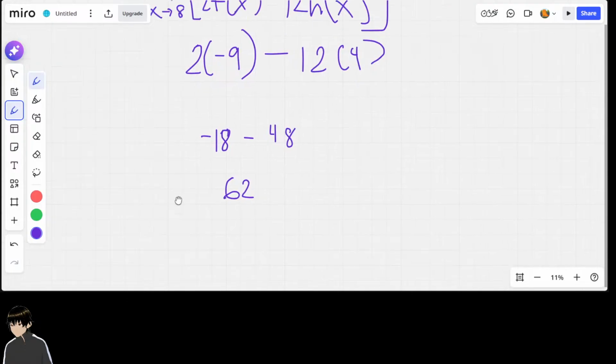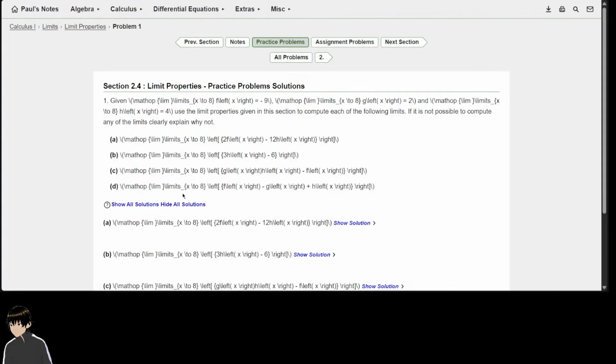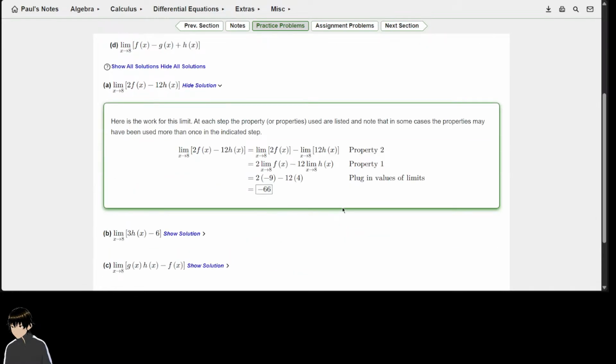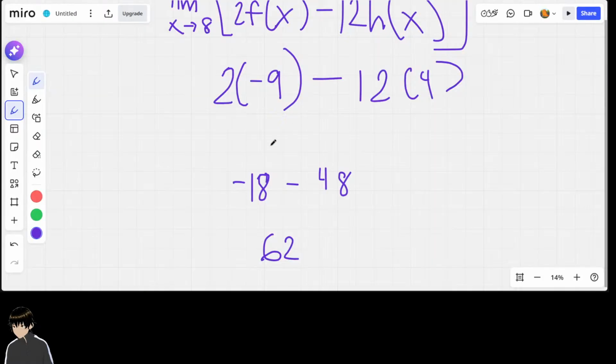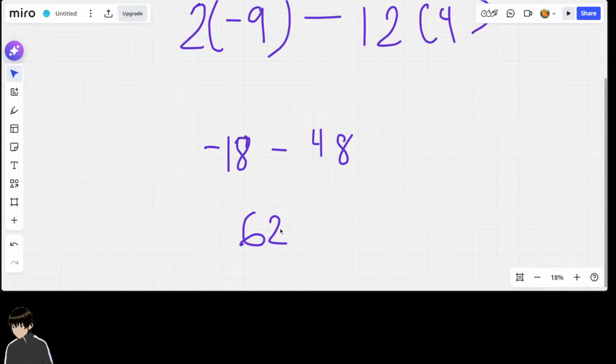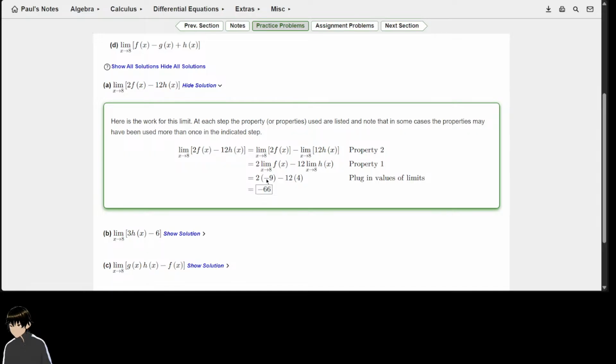Okay, so I think the answer is 62. Let me just see a solution here. Let's show solution. Oh, I got it wrong. It's -66. Basic arithmetic.